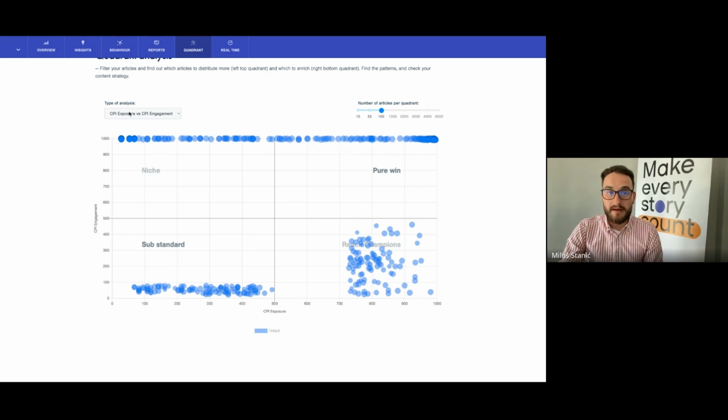We can observe them with exposure versus engagement. So exposure is reach, exposure is popularity of the article. You can even say clickability, so how many people read it, engagement, how attentively they read it, and CPI loyalty, which stands for how this appeals to those loyal readers, habitually highly engaged readers.